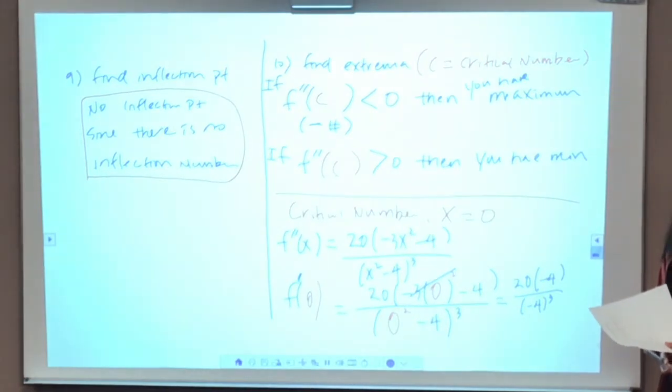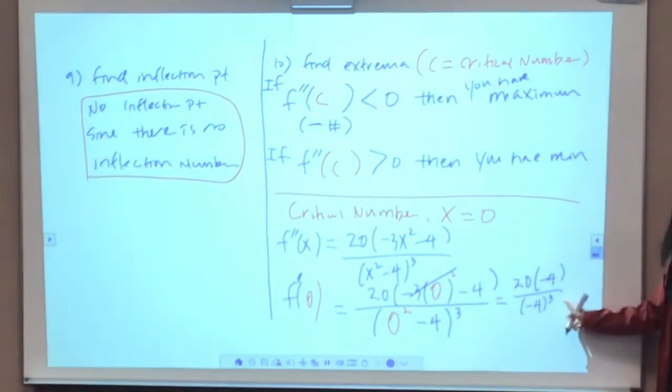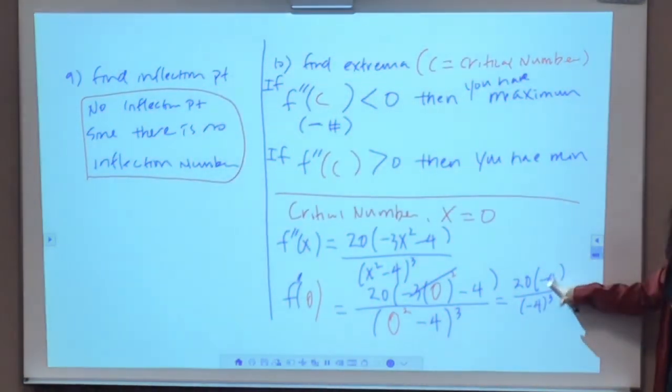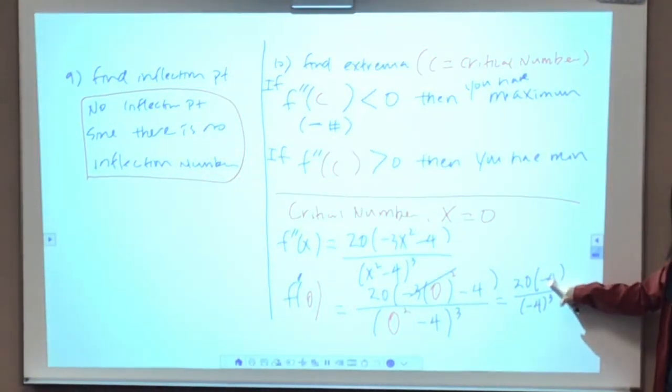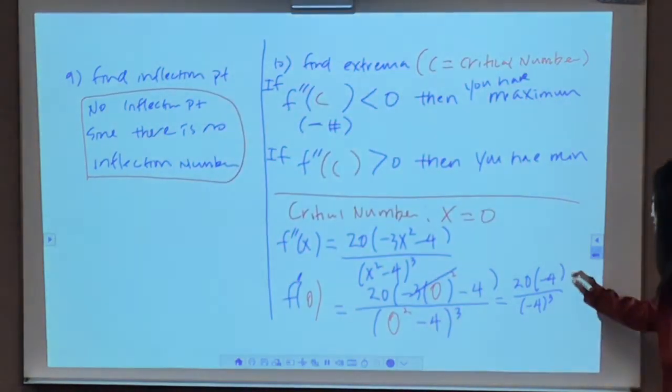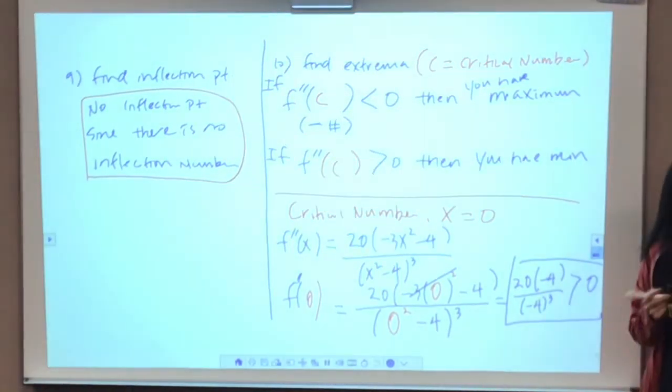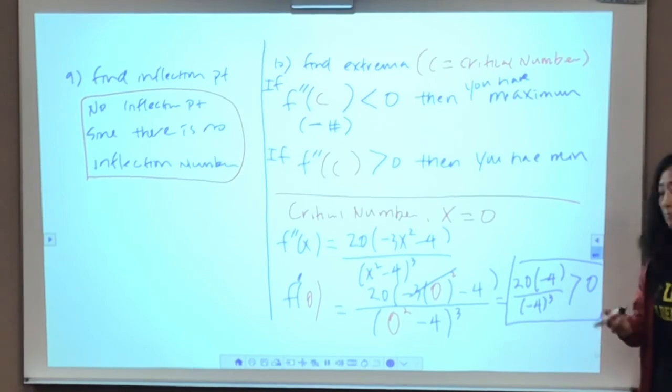So far, so good? Does everybody see this is a positive number? Because this is a negative and this is negative, together they give me a positive number. So you're gonna say this is greater than 0. If it's greater than 0, what do you have, maximum or minimum? Minimum.